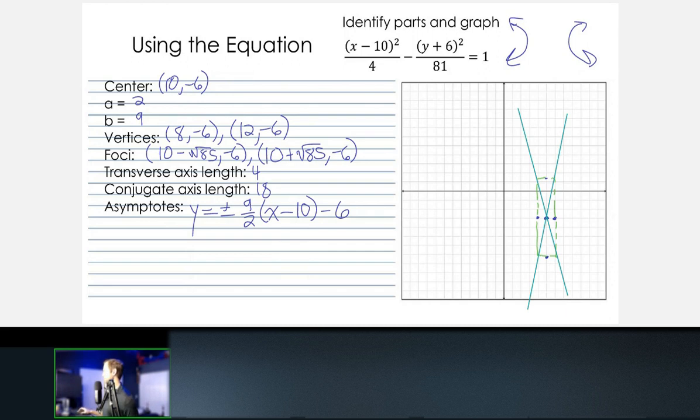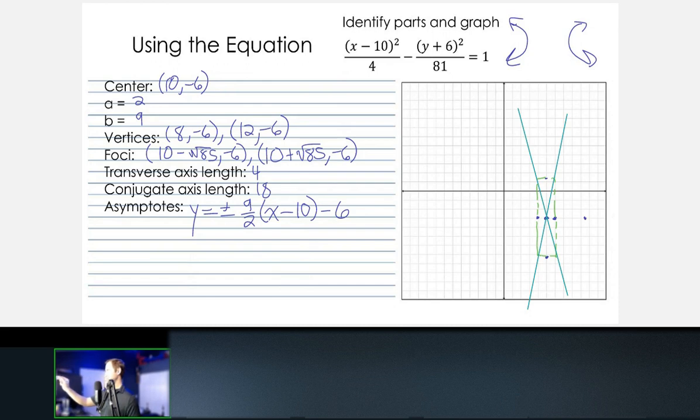Radical 85, what is that decimal equivalent? A 9.2? All right, so we'll go left and right 9.2. 2, 4, 6, 8, 9.